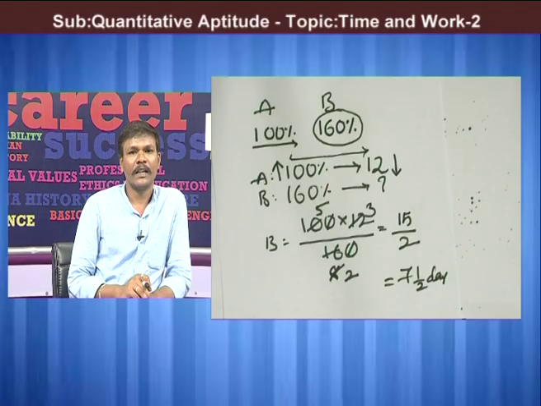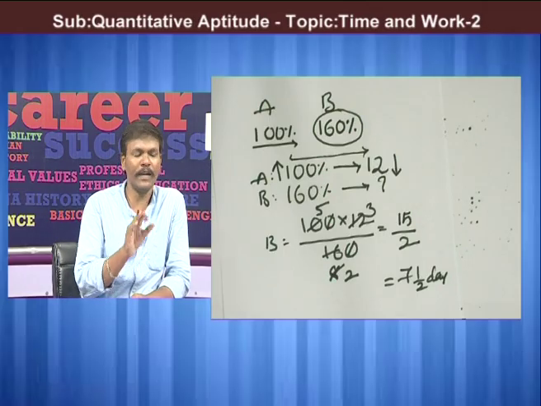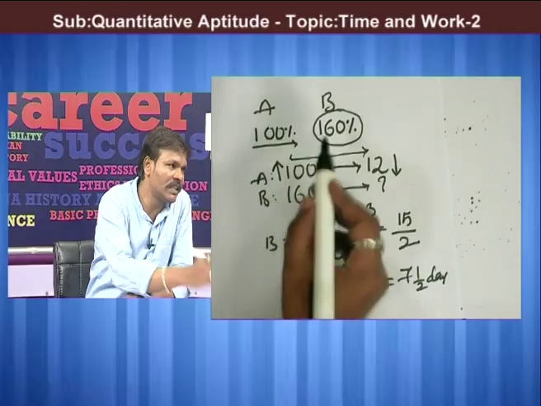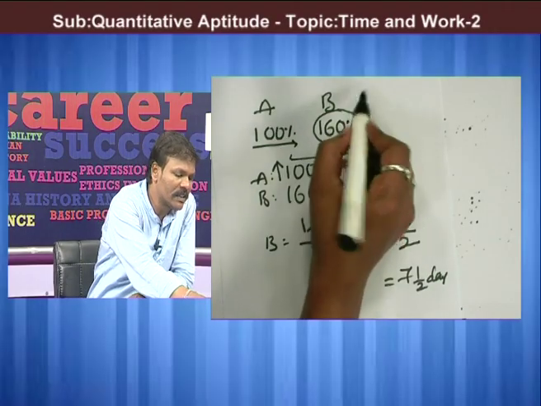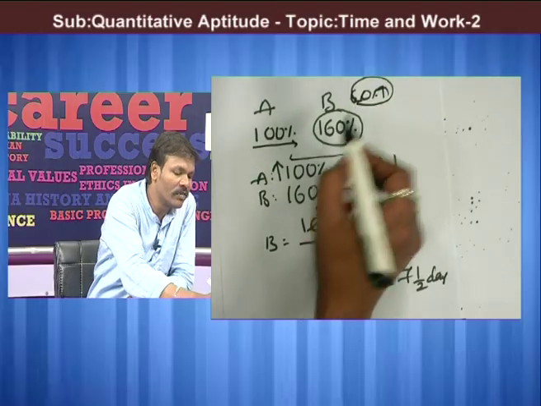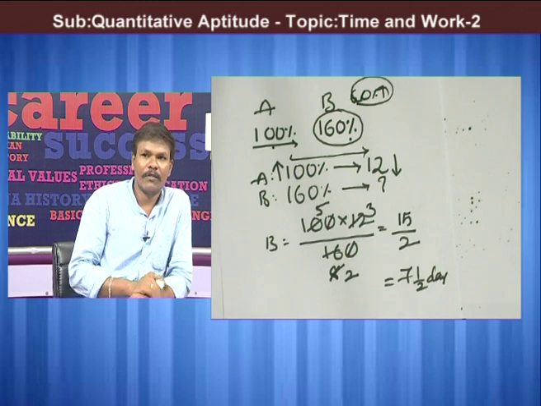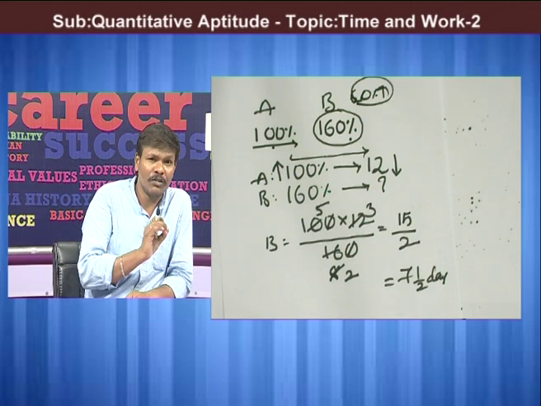A can do a certain job in 12 days. B is 60% more efficient. First, you have to conclude the efficiency of A and B. B is 60% more, that means B is 160%, A is 100%. From that, which value do we have?